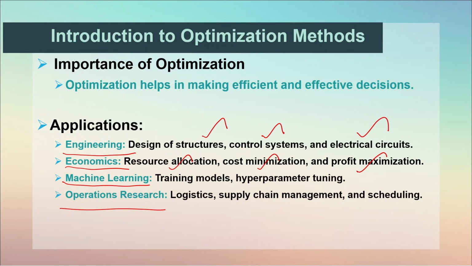Training the models and hyperparameter tuning come under machine learning. Logistics, supply chain management and scheduling come under operations research. So these are all the major applications where we can find the role of optimization: engineering, economics, machine learning, operations research.